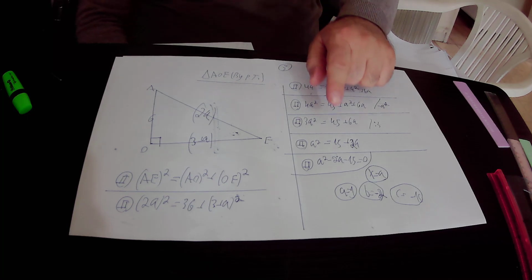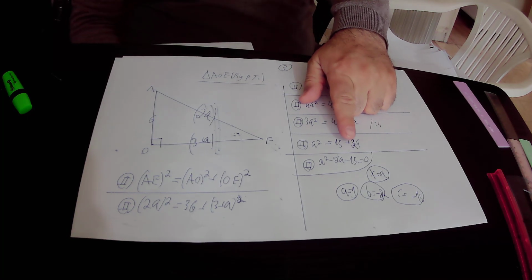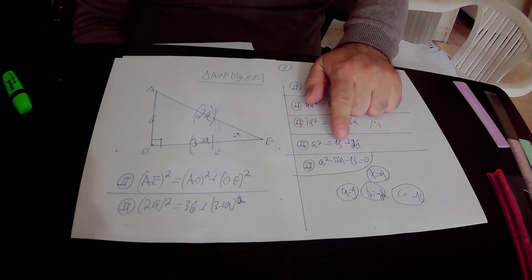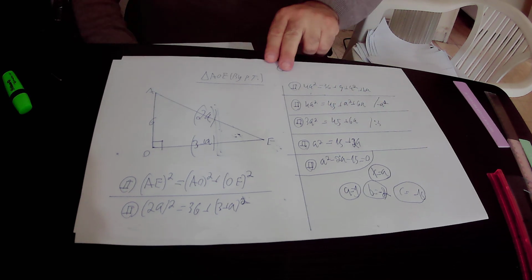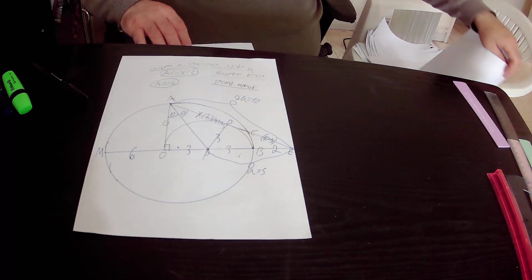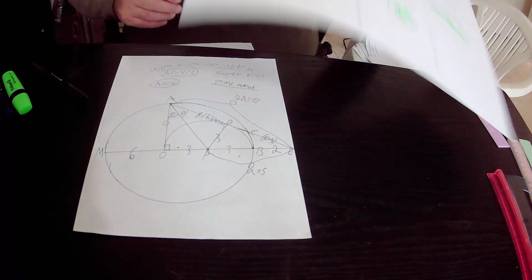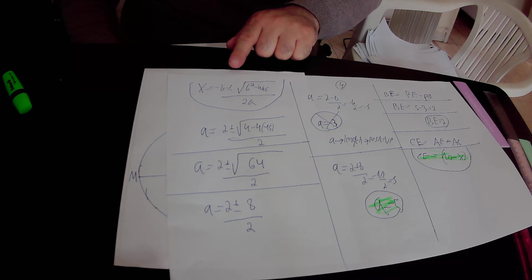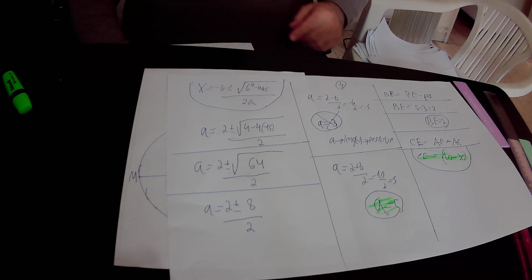The variable that we are looking for in this quadratic equation is a, so x equals a. The coefficient a equals 1, the coefficient b equals minus 2, and the coefficient c equals minus 15. The general formula for solving a quadratic equation is x equals minus b plus minus square root of b squared minus 4ac, over 2a.